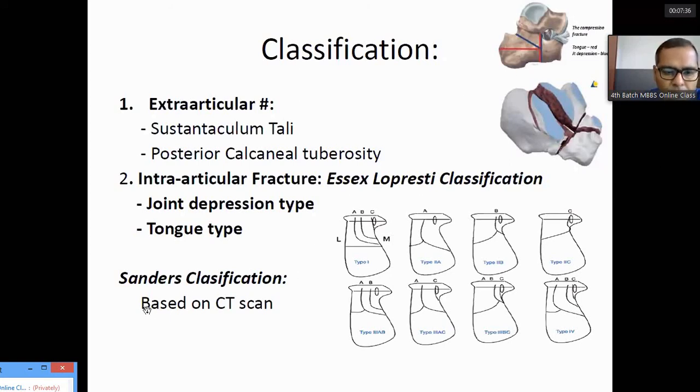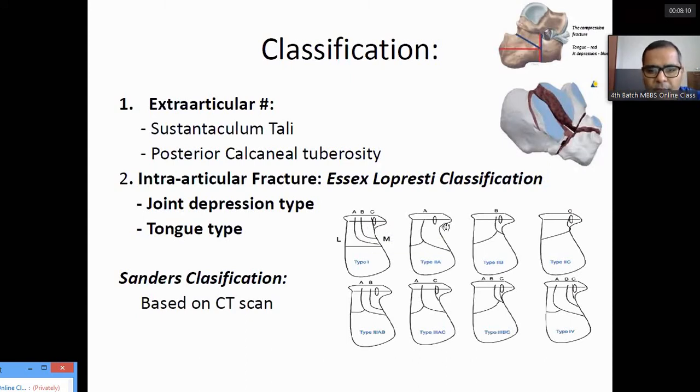Based on the CT scan, Sanders has classified fractures into type 1 to type 4, with type 2 A, B, C, and type 3 AB, AC, and BC, based on the fracture morphology. He has divided the posterior facet of the calcaneum into A, B, C with three different lines, and the medial, this is the sustentaculum, and this is the medial, intermediate, and lateral column.